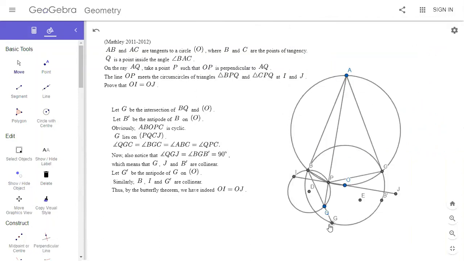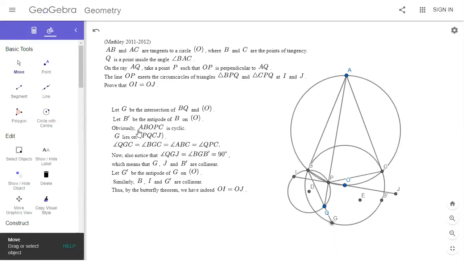So G lies on PQCJ. Is that obvious? Is that kind of just like an angle chase or something? Because yeah, I think it's an angle chase because we can show angle BGC is equal to angle BPC, right?